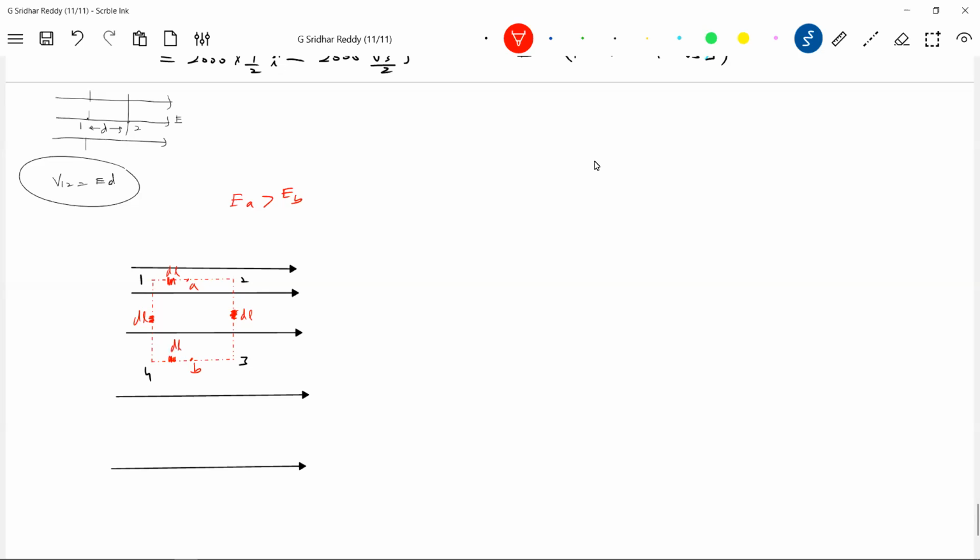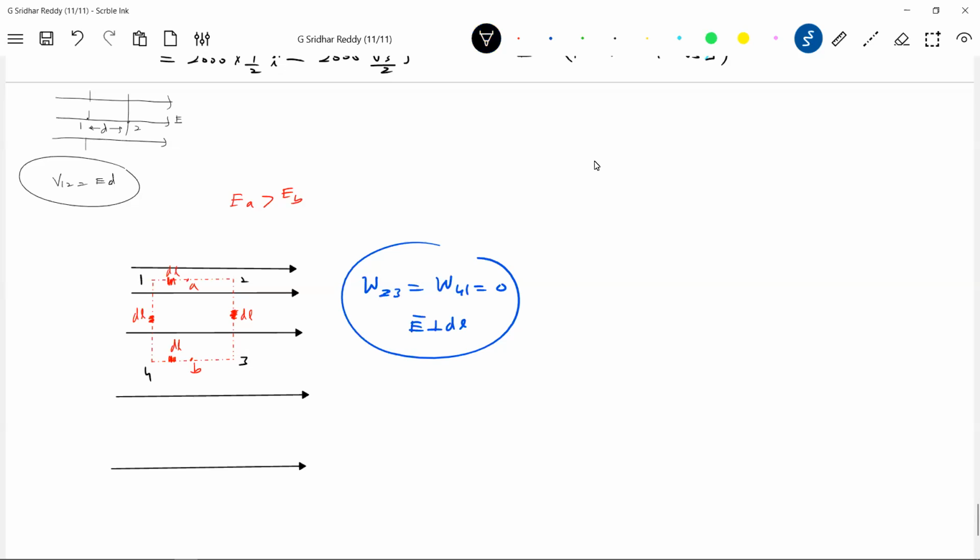You know many concepts of work done, take help of that. So E bar along the path 2, 3 will be perpendicular. So what is the work done along the path? Work done along the paths 2, 3 and 4, 1 is 0, because E bar is perpendicular to dl bar.